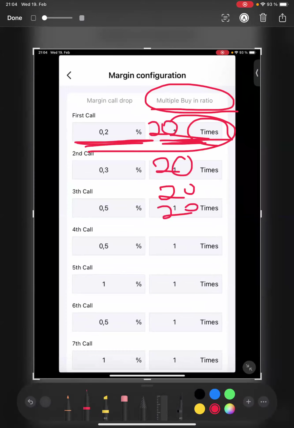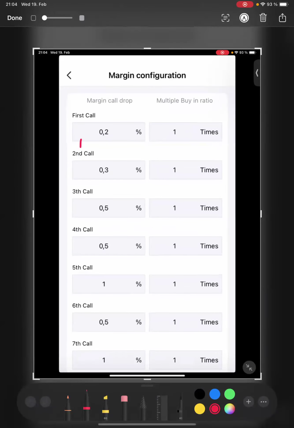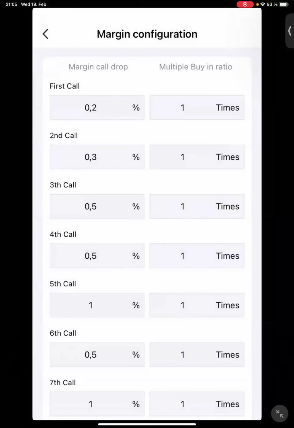Third, 20. Fourth, 20. Let's assume my first buying amount was 100. Then my multiple buying ratio has 0.2, 0.2, 0.2. 0.2 of my first buying amount, so that would be 20, 20, 20, 20 throughout. That is the meaning.